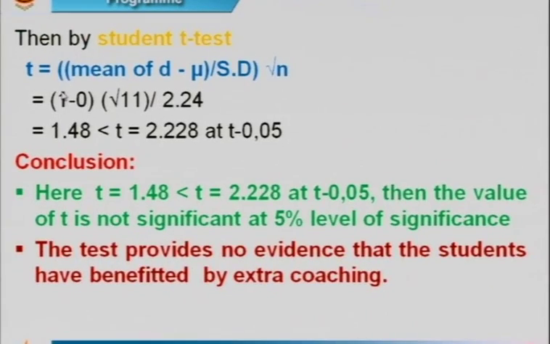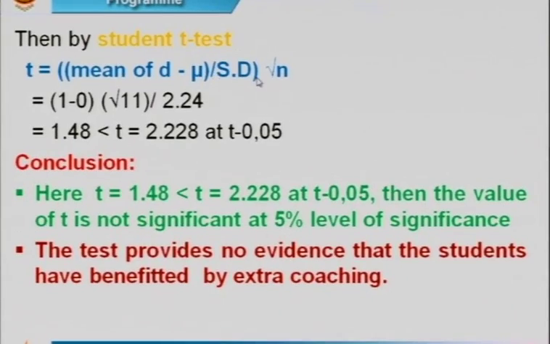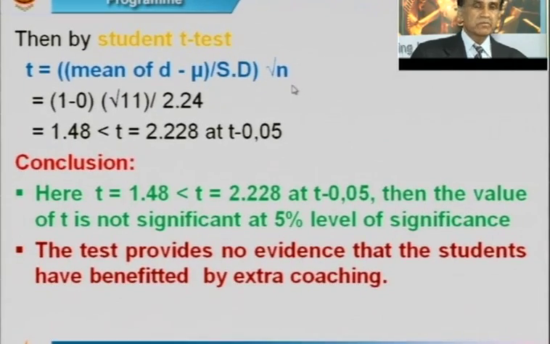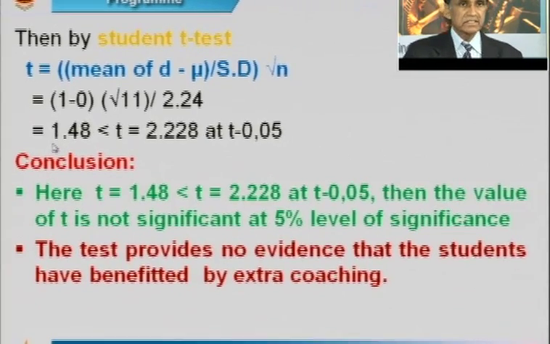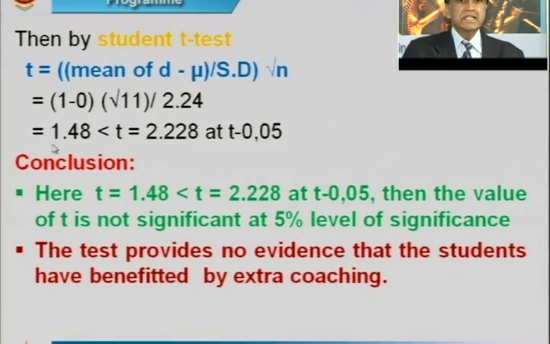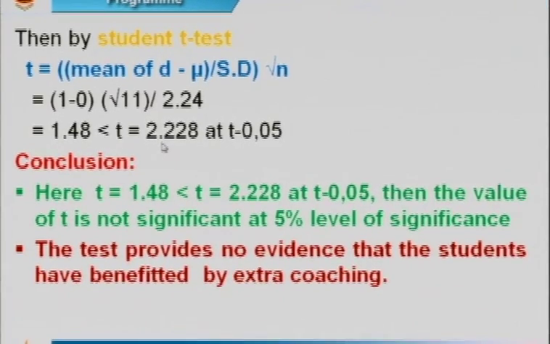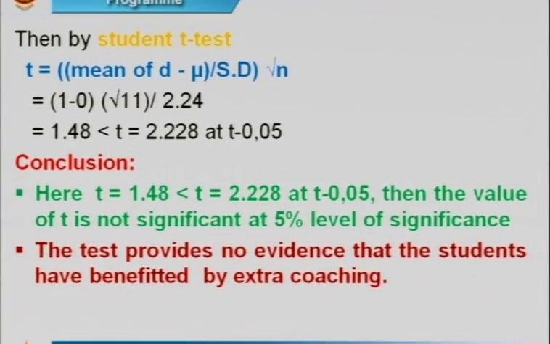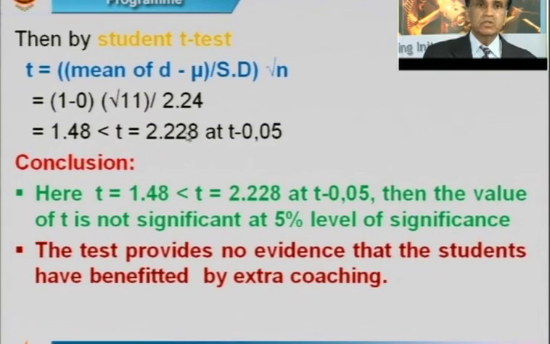Then by the t-test it is sample mean minus population mean divided by standard deviation, and the whole thing multiplied by root of n. If you calculate in that way, we get 1.48, and the table value for degrees of freedom, that is 11 minus one, so 10, gives 2.228.